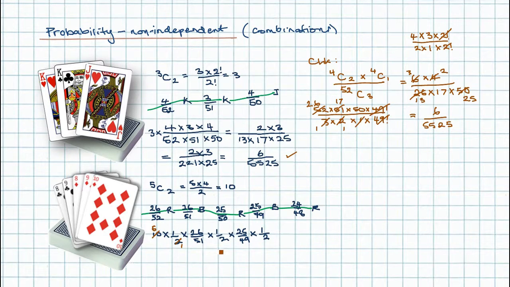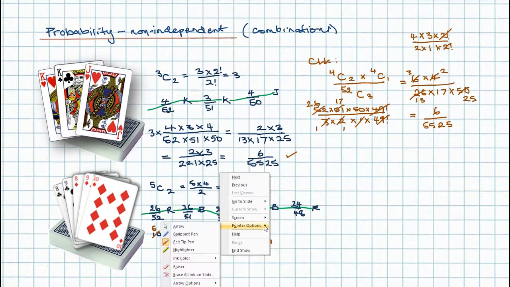Well, we've got another 2 here, so let's divide this 26 to get 13, and I can't see much else that we can do, so I think we're done with our cancellation. Okay, let's change the pen colour back, and now we just need to multiply that out.